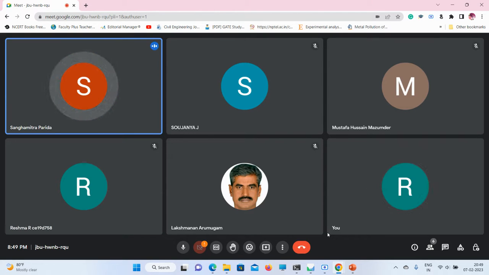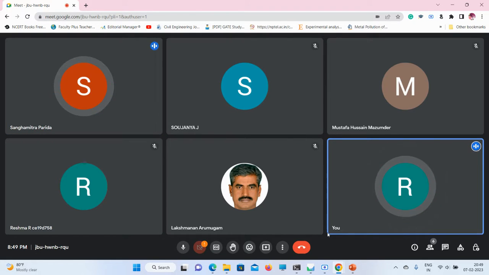And the second statement: the estimate of peak hourly demand considers both daily and hourly variations in water demand. The options are: statement 1 is true, statement 2 is false; statement 1 is false, statement 2 is true; both statements are false; both statements are true.